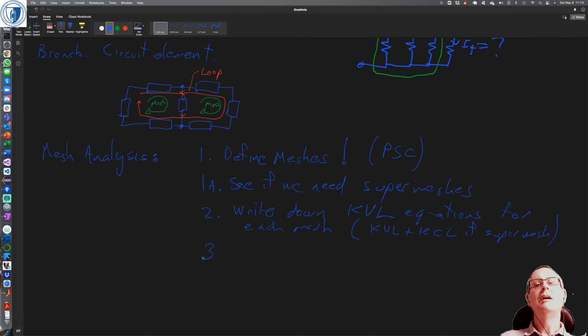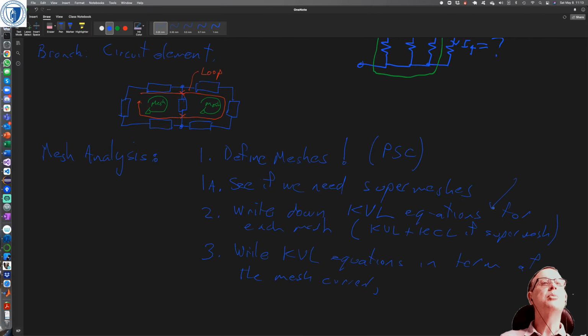Then write KVL equations in terms of the mesh currents.